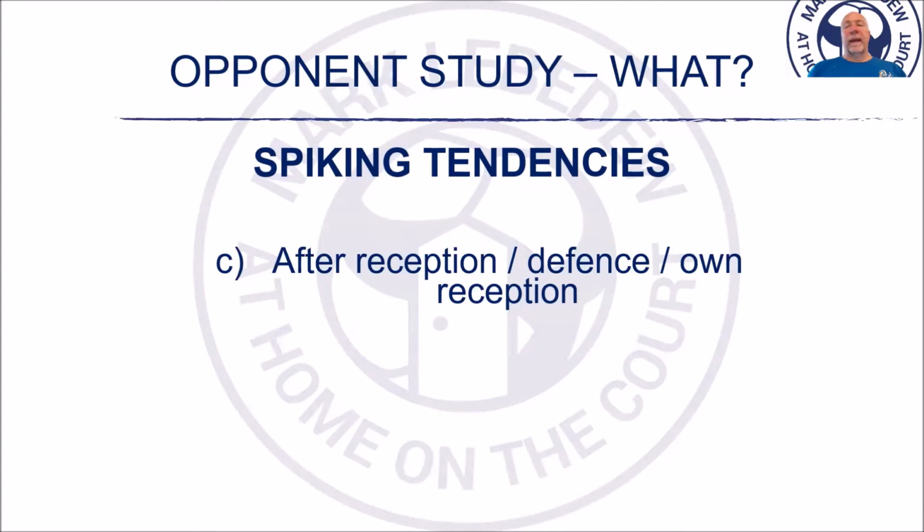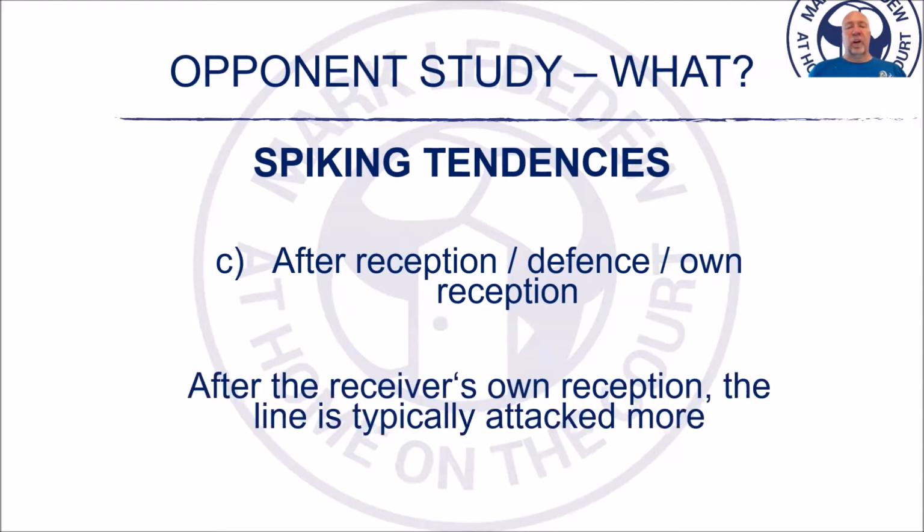We can also break down some different situations, for example, attack after reception, or attack after transition, or after defense, or after the receiver's own reception, for example. They can all make a difference. It's pretty common to see that a spiker will spike more cross-court after reception, but more line on their own reception.